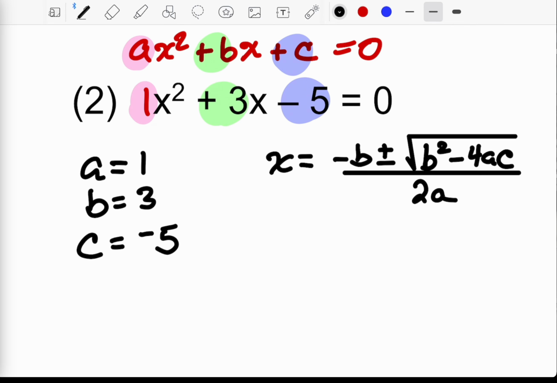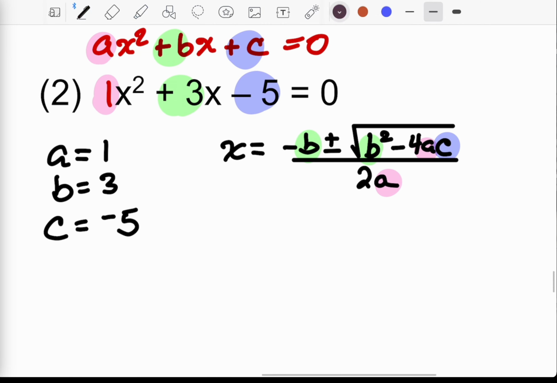All right, so again, we replace the a value with a 1. There's two of them, so a values. The b values with a 3, and the lone c value with a negative 5. We make our substitution.